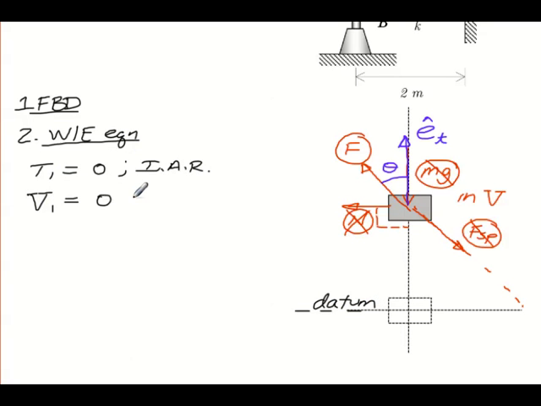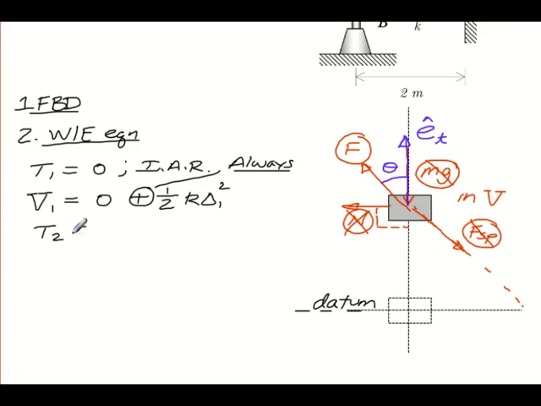So there's no potential due to the gravitational force. There will be a potential due to the spring because the spring is actually stretched at that point. The plus is there because it's always a plus. No minus signs here. Whether it's stretched or compressed, it's always a plus.